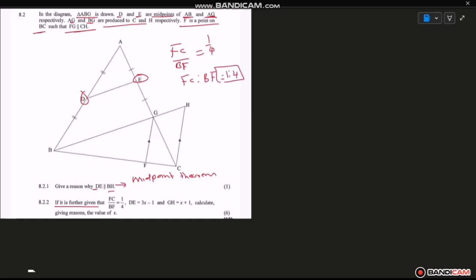Let's erase here and clear everything. We know that FC will be 1K and BF will be 4K. Why are we putting K's? Because these are not actual lengths. Remember, if you watch proportionality theorem, you will understand this.